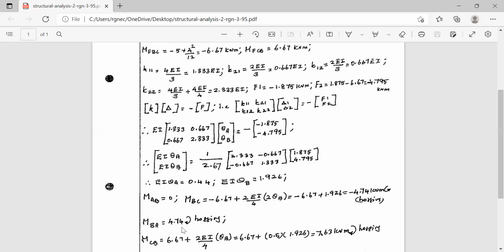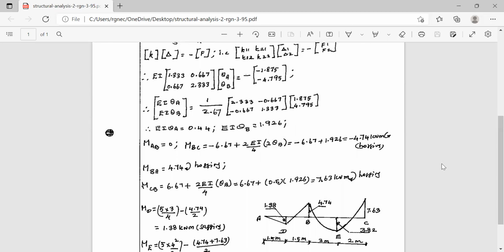It is 4.74. And MCB is M of CB, that is the fixed moment, plus 2EI by L into theta B. Theta B is the farther side rotation. Therefore, theta B is there. If it is near side, it should be double.